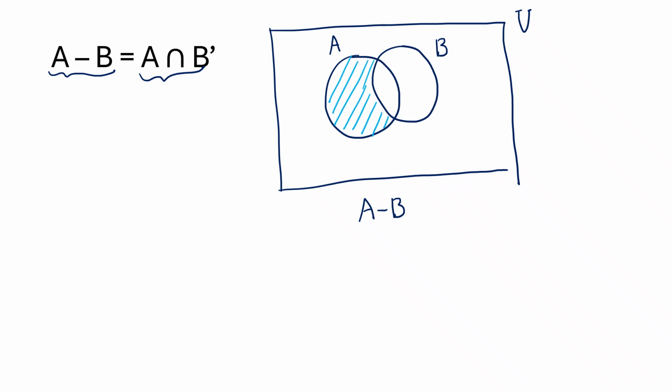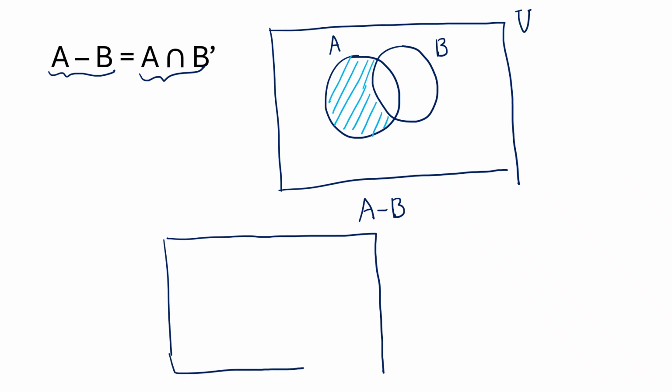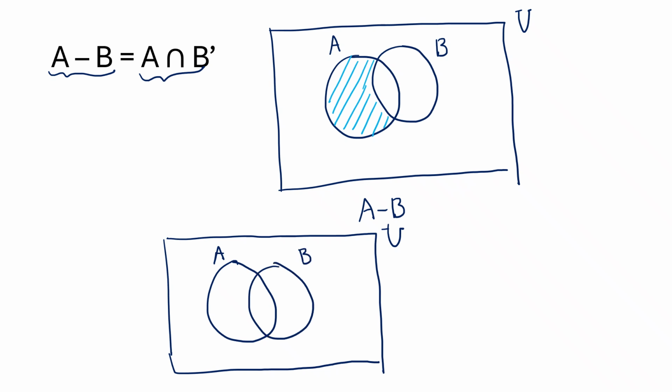For the other one, U, A and B. So A intersection B prime. Let's do B prime first. I'm going to use red for B prime.